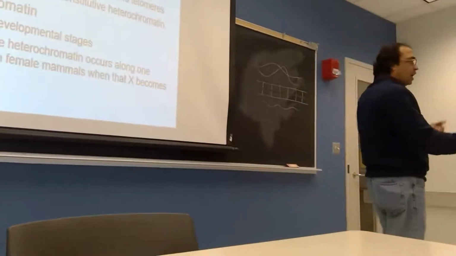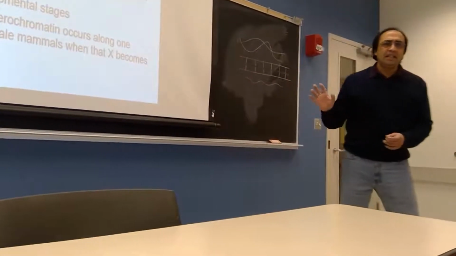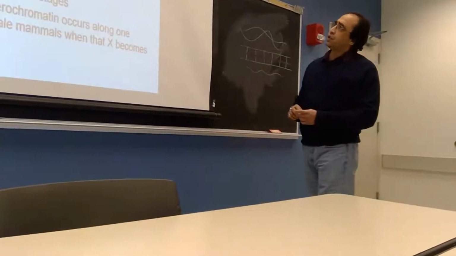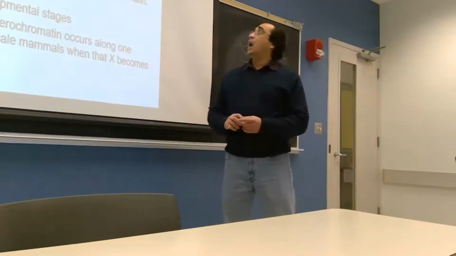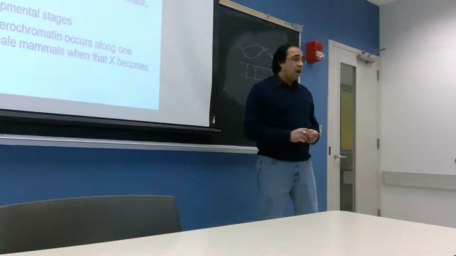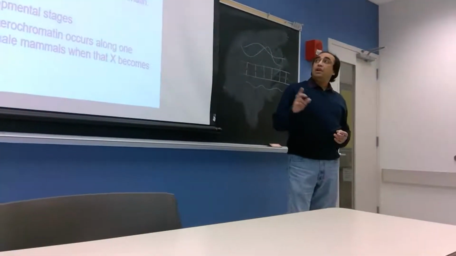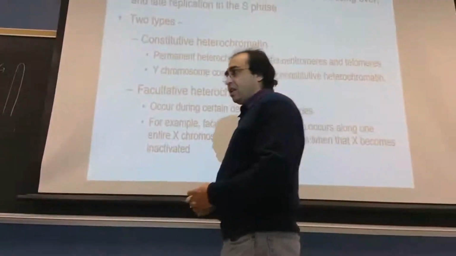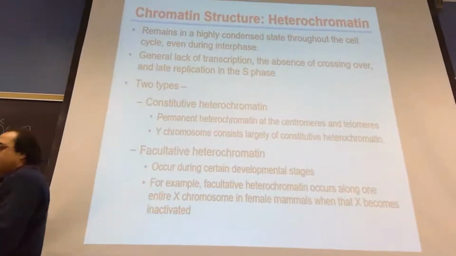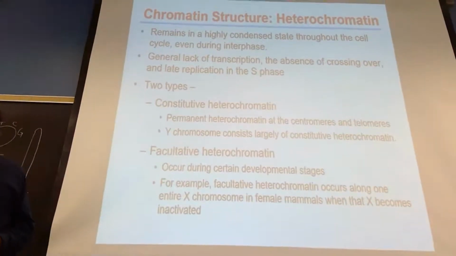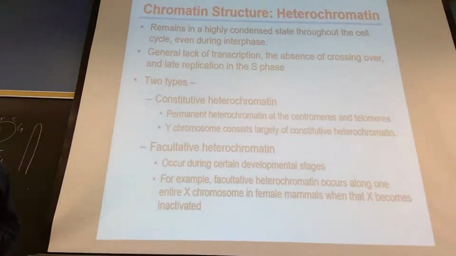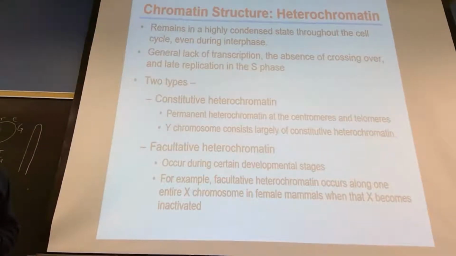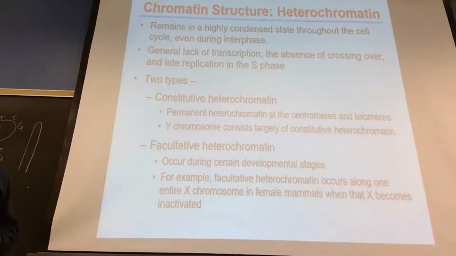It is always tightly coiled, and there is no active gene in that part, and no crossing over, and if there is replication, it is at the later stage of the interphase. These are called heterochromatin. And in our chromosome, we have almost 70 to 80% heterochromatinized part.